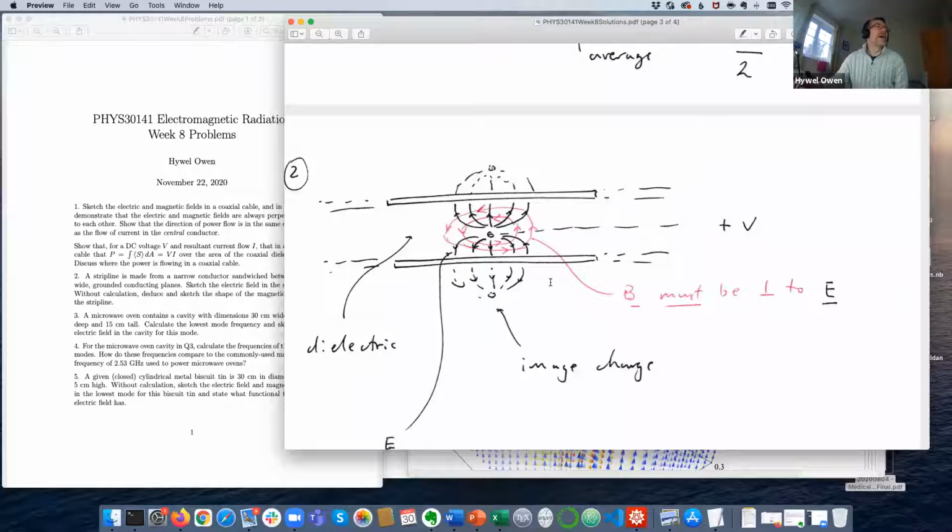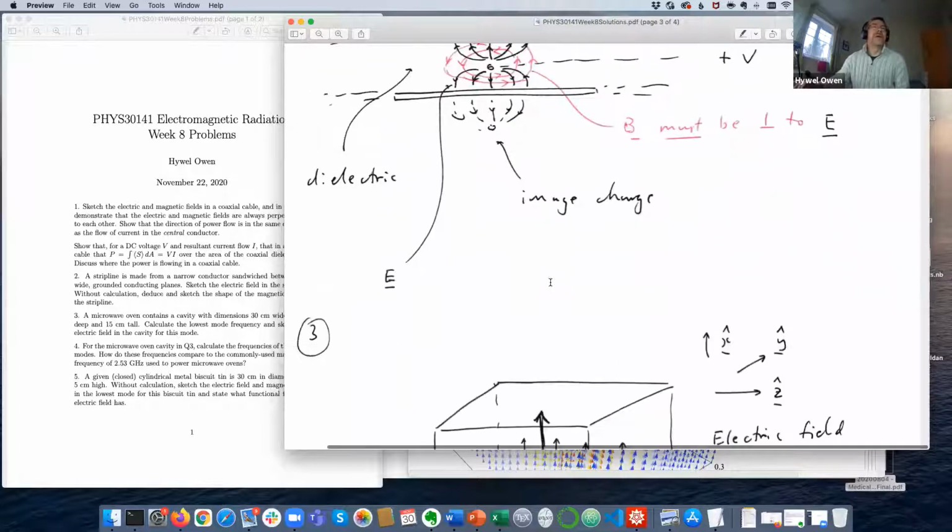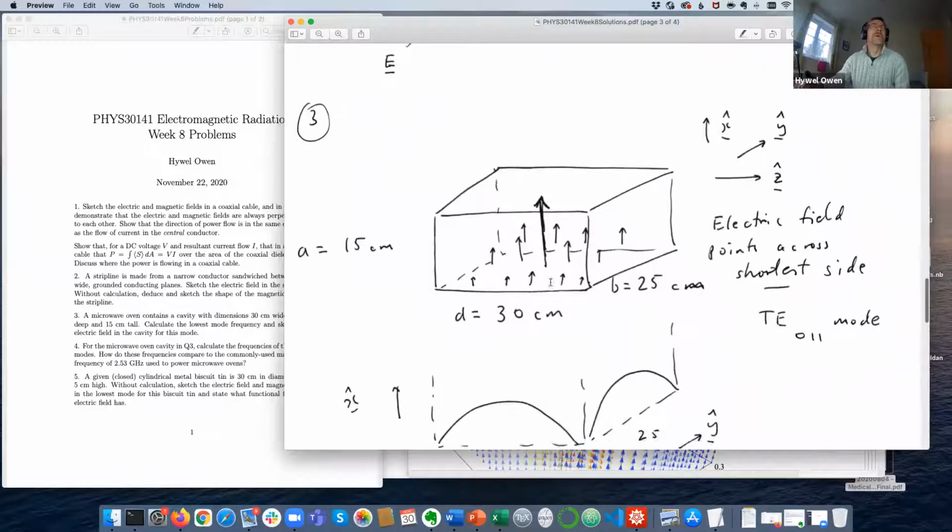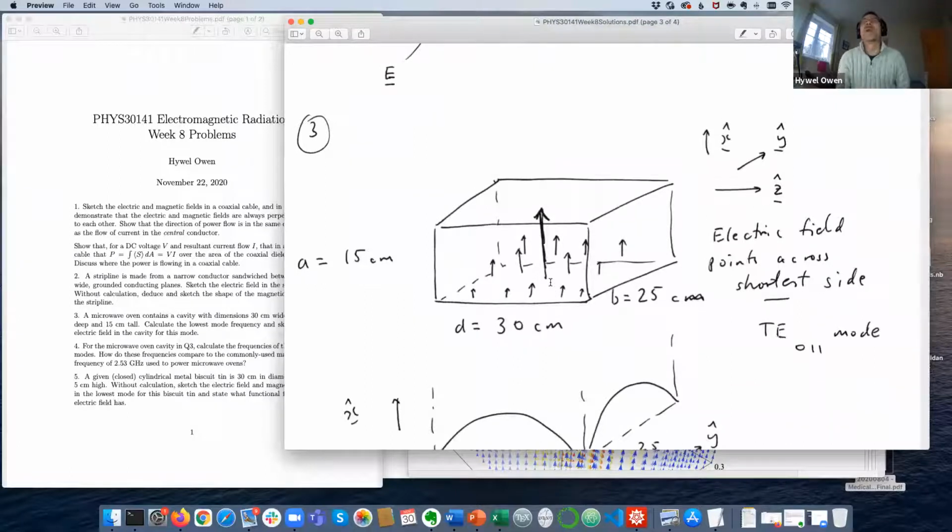But before we do that, let's look at the microwave oven. So here's our microwave oven. What I've drawn is the rough dimensions of that microwave oven box, and I've labeled them in the way we conventionally label them, in order of size. I've labeled the smallest size to be A, that's 15 centimeters. So that will define my X direction.